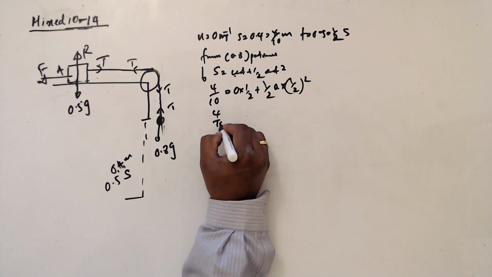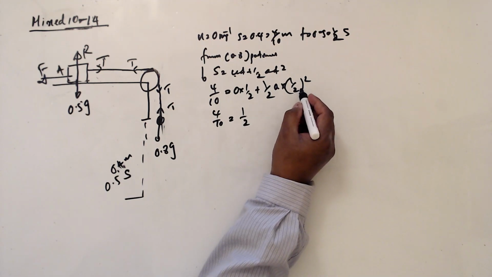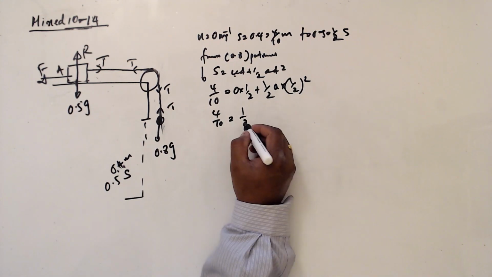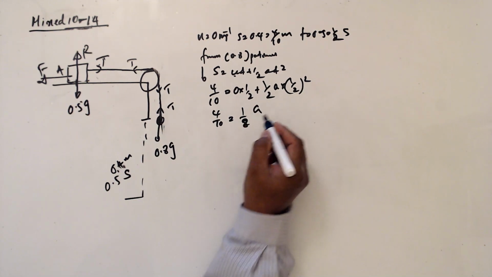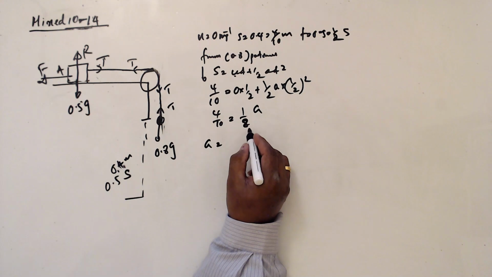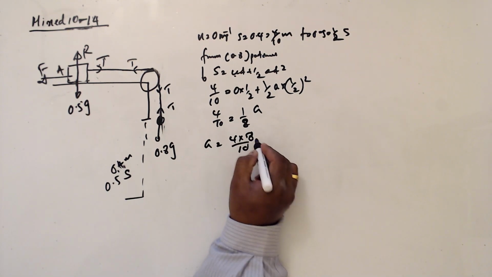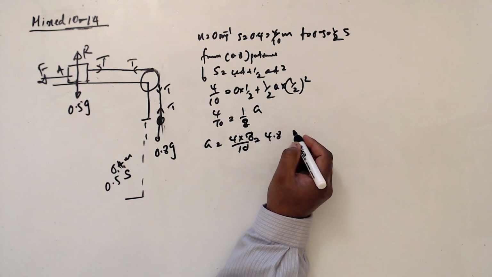So 4 over 10 is half times a times 1 over 4, which means 1 over 8 a. So a is 4 times 8 divided by 10, that is 3.2.